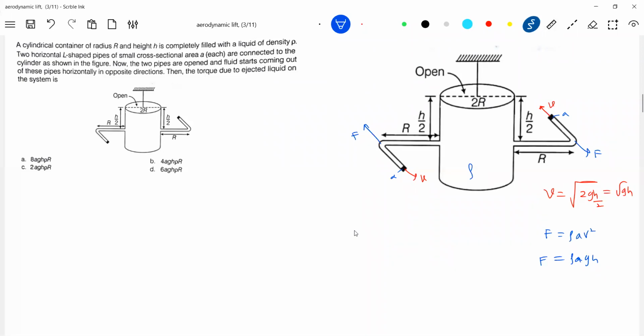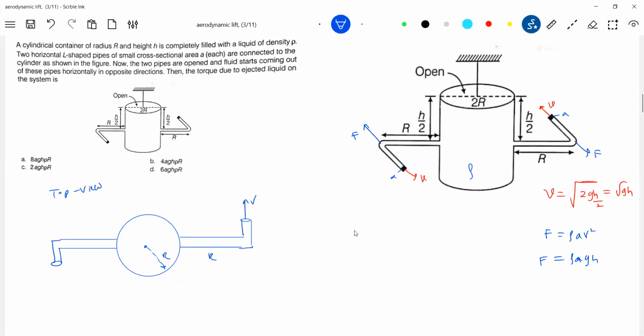This you had better do with a top view. If you view from the top, it will appear like this. This is R. This is R. So this is the top view.